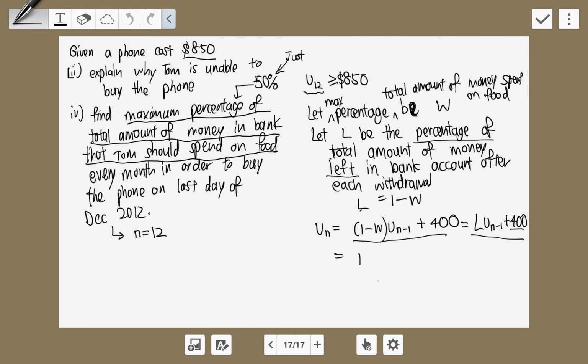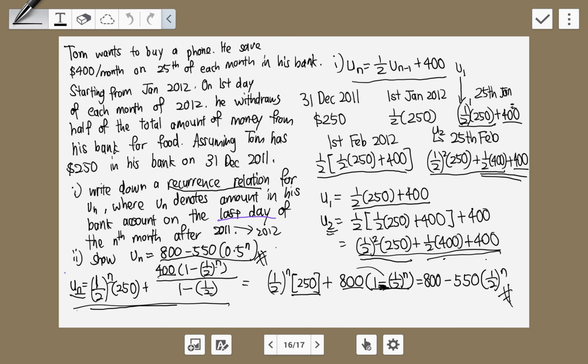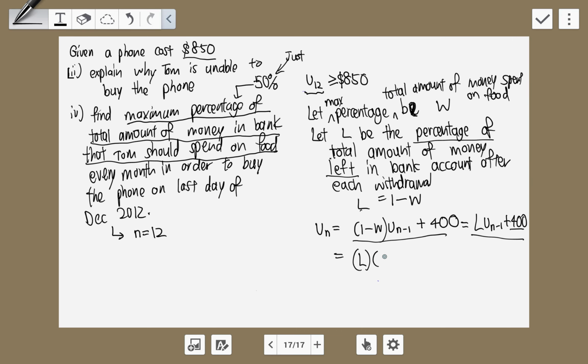So I will put L to the power of n multiplied by 250 plus 400 times 1 minus L to the power of n over 1 minus L. I believe that was the equation.